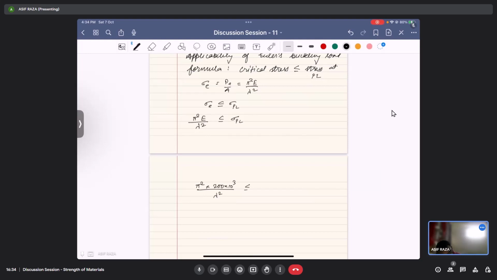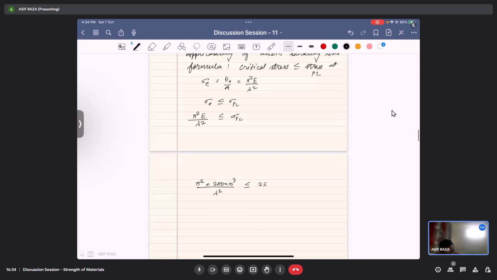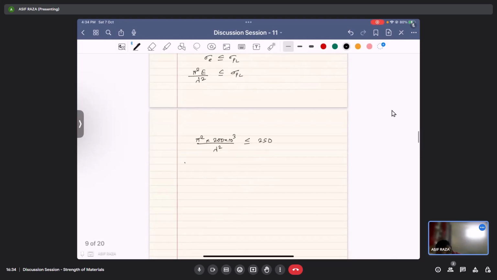Lambda square less than or equal to, at proportional limit it's 250. Yes, you can write it as lambda square must be greater than or equal to pi square into 200 into 10 power 3 on 250. Let's solve this.